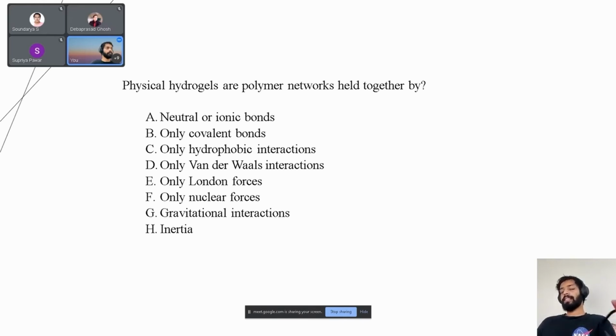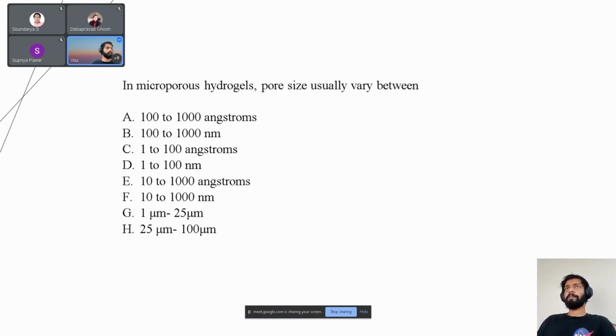There are chemical hydrogels and physical hydrogels, right? So you're saying neutral or ionic bonds. Option A is the answer. Correct. Neutral or ionic bonds are usually what hold physical hydrogels together.